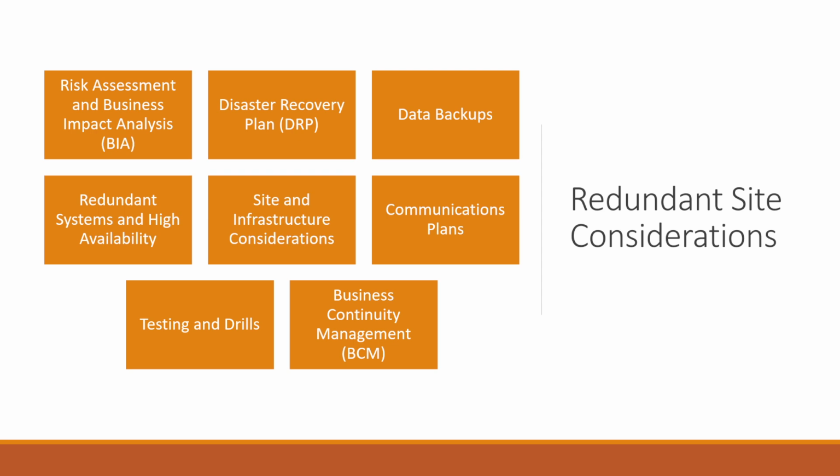So, business continuity management is about going through all of this on a regular basis and updating our procedures and policies to ensure that we keep improving upon our continuity operational procedures and management. So, our continuity of operations plan, our COOP.